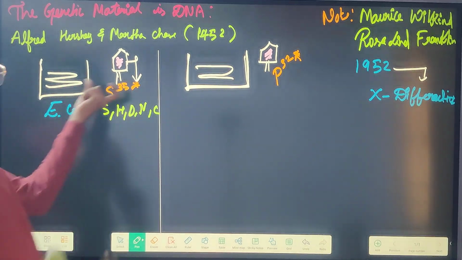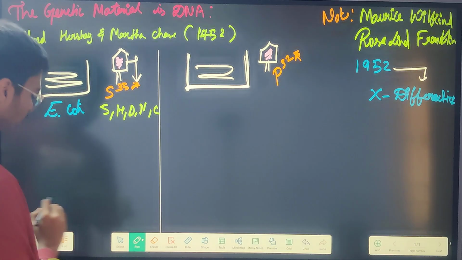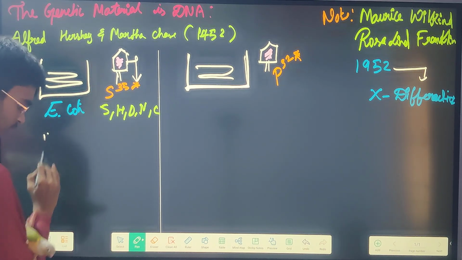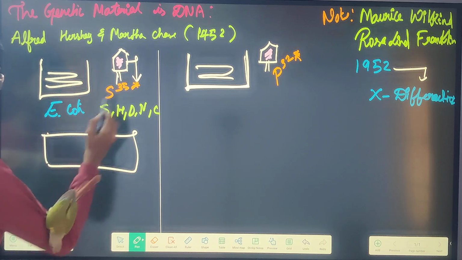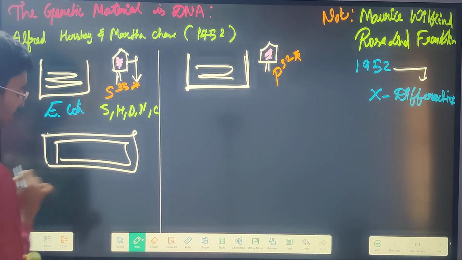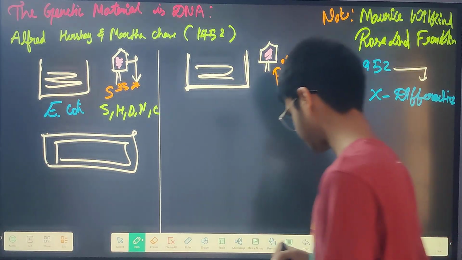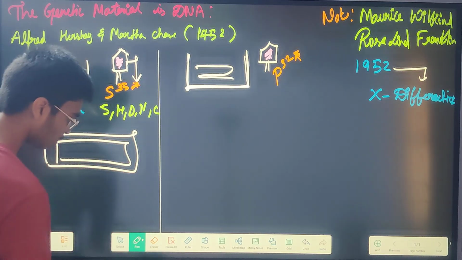So now it will be passing its genetic material to this E. coli bacteria. Now they have taken this capsid, and it would have passed its genetic material to here, right? So they took just the E. coli and then centrifuged it.